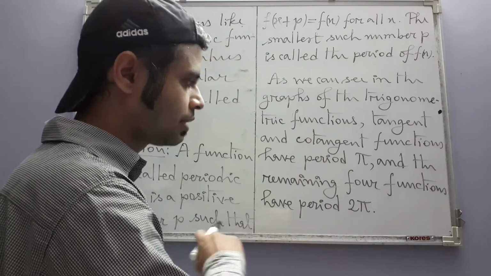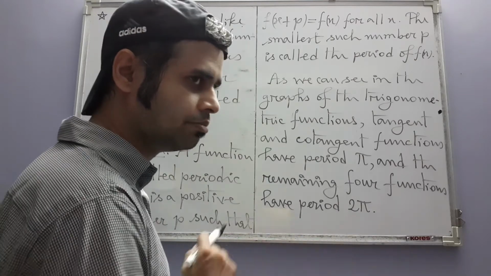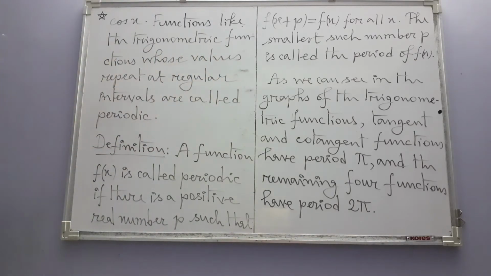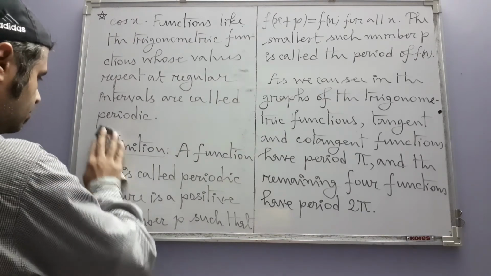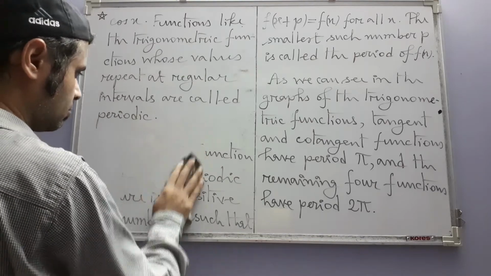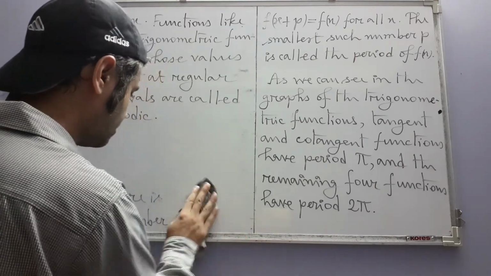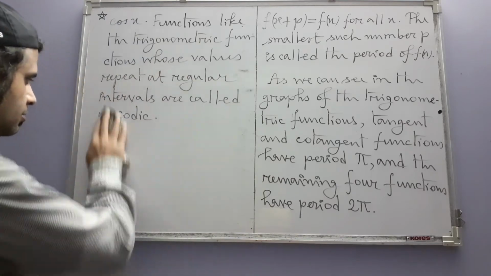After pi, that behavior will again be repeated, and it will keep on repeating after that. For cot x also that is pi, and for the other functions it is 2 pi.